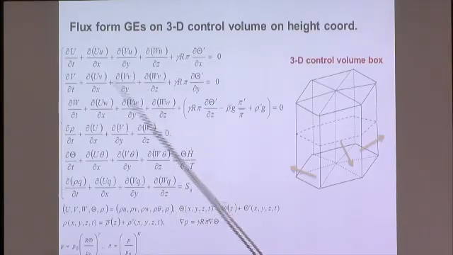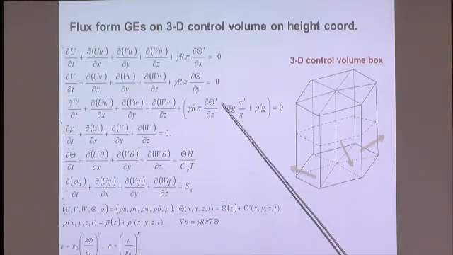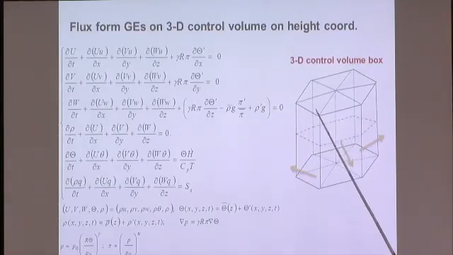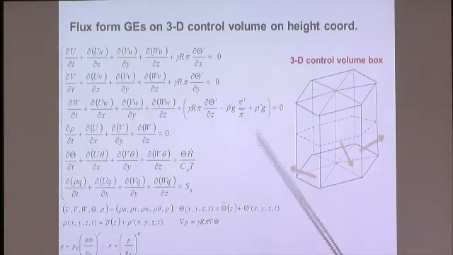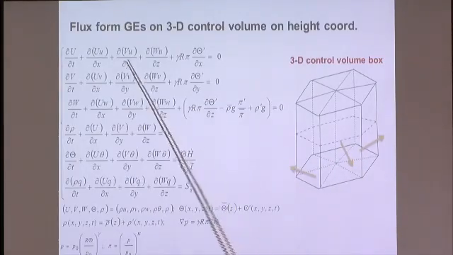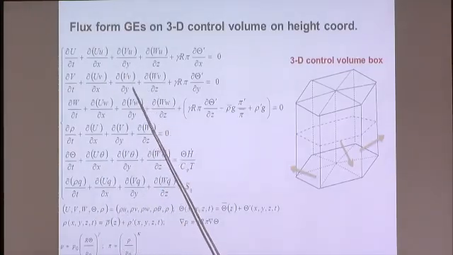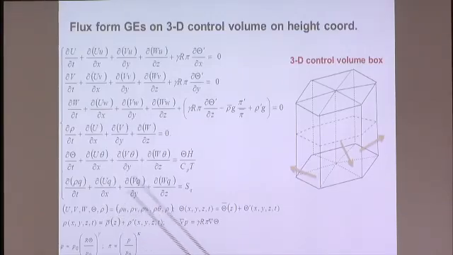If you are familiar with Wolf, this is the Wolf governing equation on z coordinate. In our 3D finite volume, each grid box is treated as a three-dimensional finite volume, and then we integrate consistently with U as mass flux. So all of the U, V, W and tracer are affected by the same mass flux through the divergence theorem.